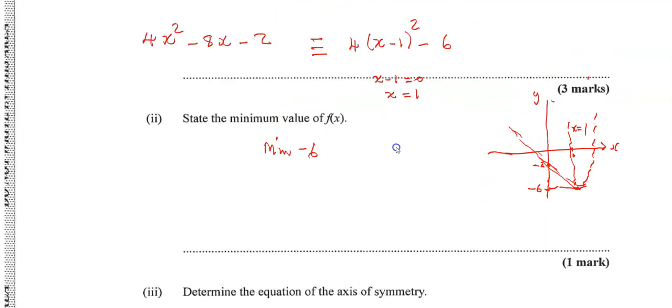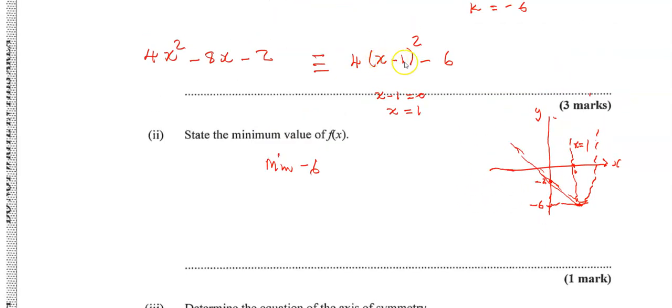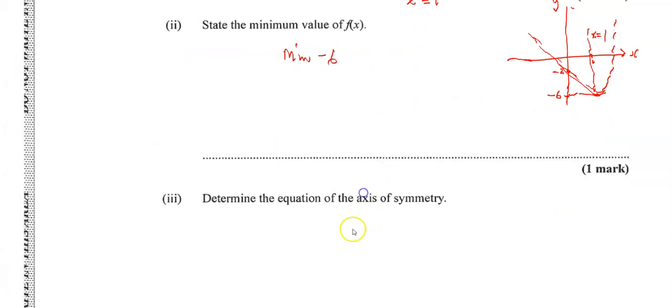So all you need to do is to equate this little bit here, x minus 1 equals 0, and find x, so x equals 1. Okay, so let's move on to the next part of the question.